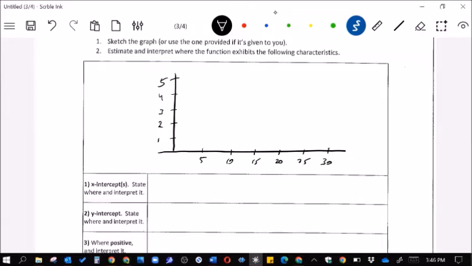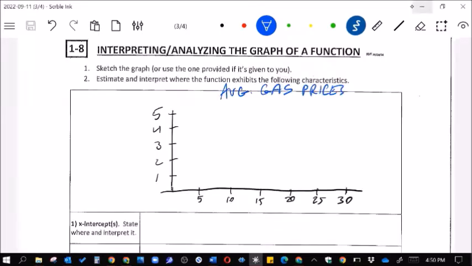Now, I'm going to put the title as Average Gas Prices. A study of average gas prices. Now let's label the axes. The y-axis is price per gallon. And the x-axis is the years since 1989.